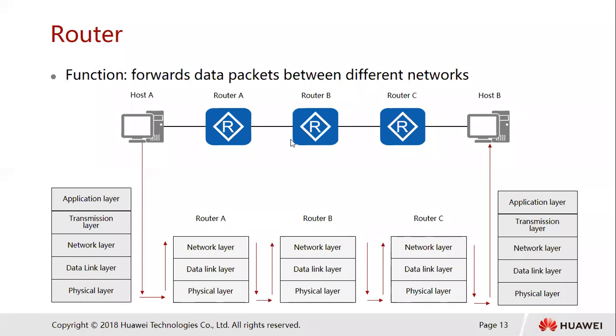So what you must take note of is that when we're dealing with the data link layer, we're dealing with frames and MAC addresses. And when we reach the network layer, we're dealing with IP addresses.